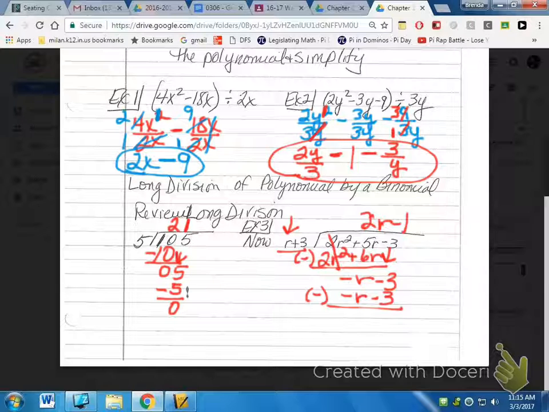You got to think about subtracting it, but then what does it do to all the signs on that bottom? Basically, they're going to be opposites, and when I take negative r minus negative r, it falls out. Negative 3 minus negative 3 cancels out. 0. So the answer is 2r minus 1.